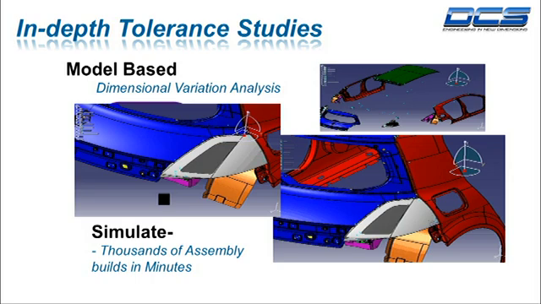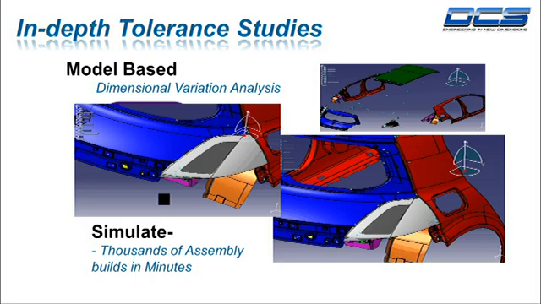In a more traditional sense, we see something like an in-depth variation or tolerance study. Here we're looking at what might be that light assembly we just looked at. In this case, it's a rear quarter of a vehicle. We're seeing the light assembly in the light gray that is then set into the rear fascia or rear end assembly in blue, and the fender and body side in red.